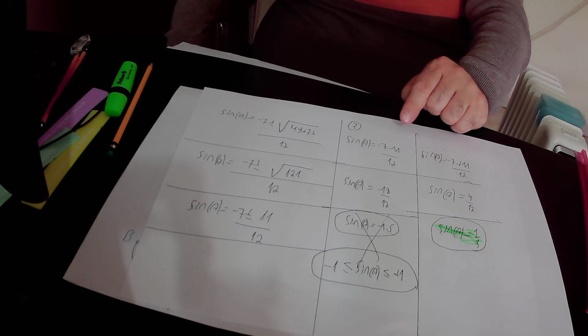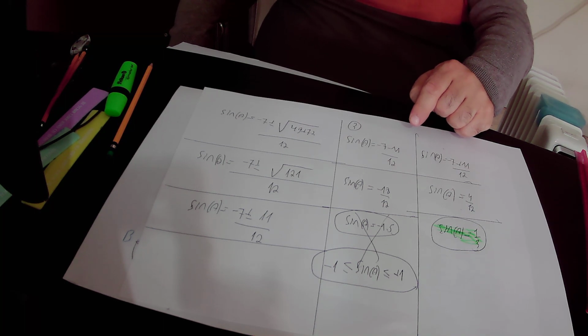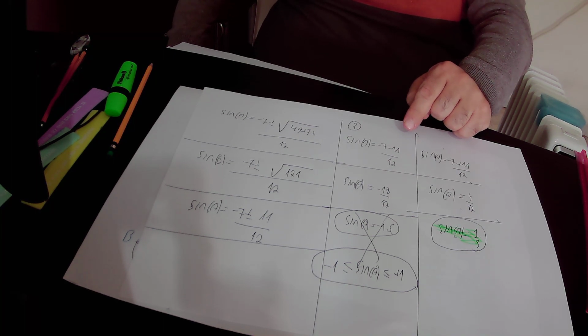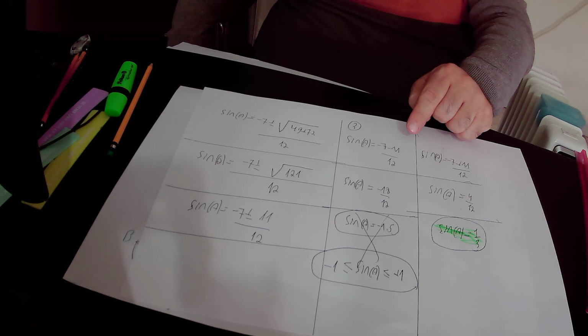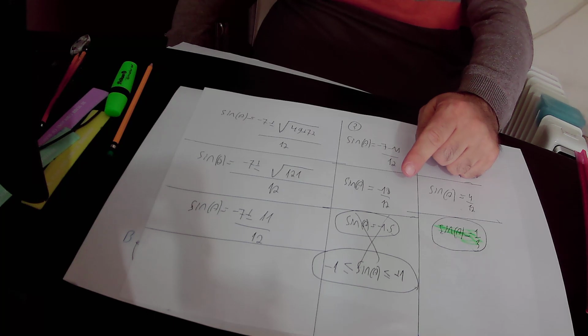Here we'll focus on the first solution for sinus theta. Sinus theta equals minus 7 minus 11, which is minus 18, over 12. Minus 18 over 12 is minus 1.5, so sinus theta equals minus 1.5.